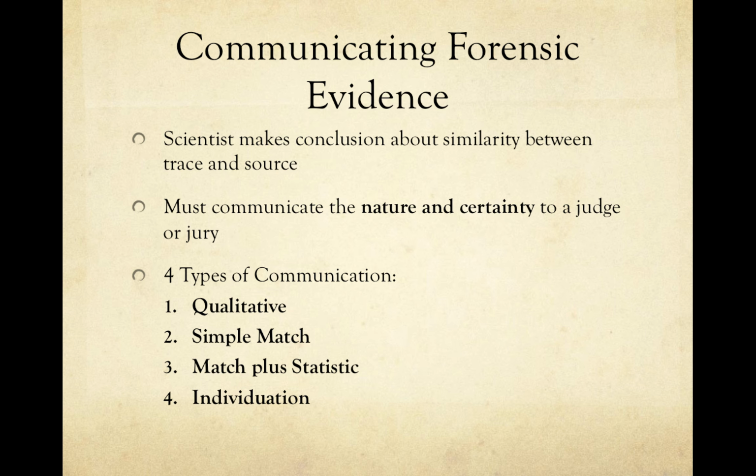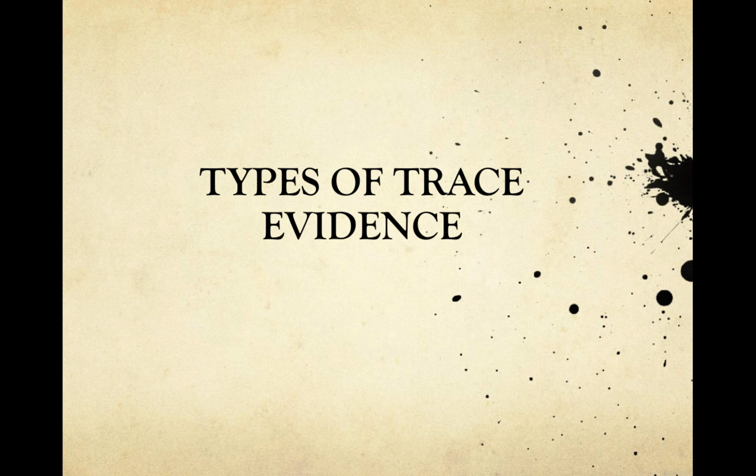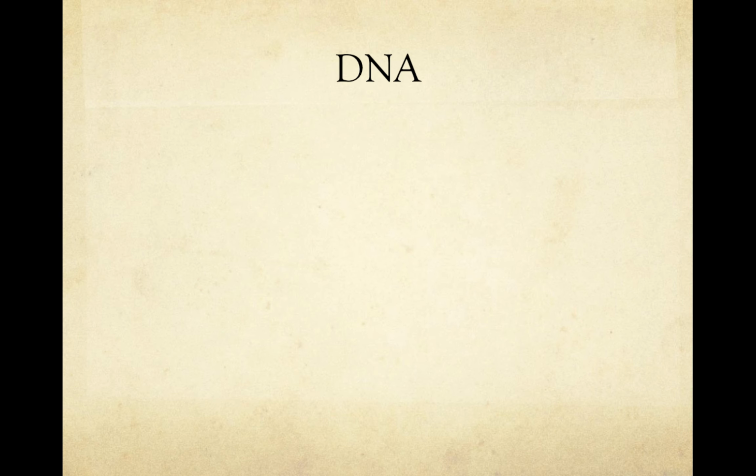So now we're going to move on and talk about some types of forensic trace evidence. First we have DNA. DNA is the most objective trace evidence that we have.